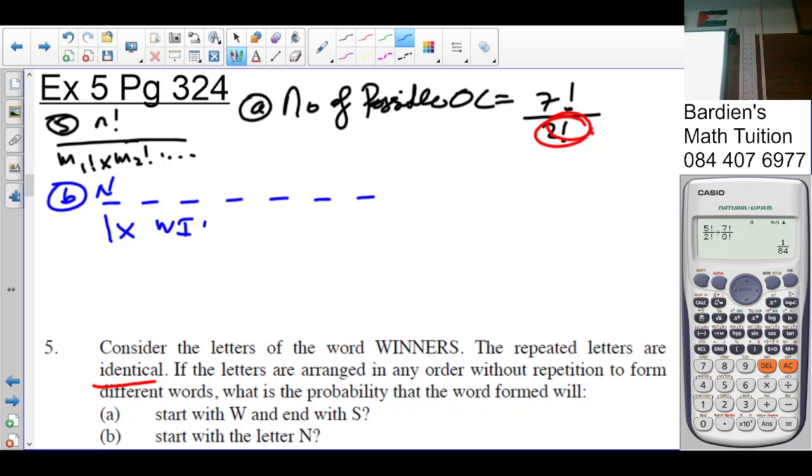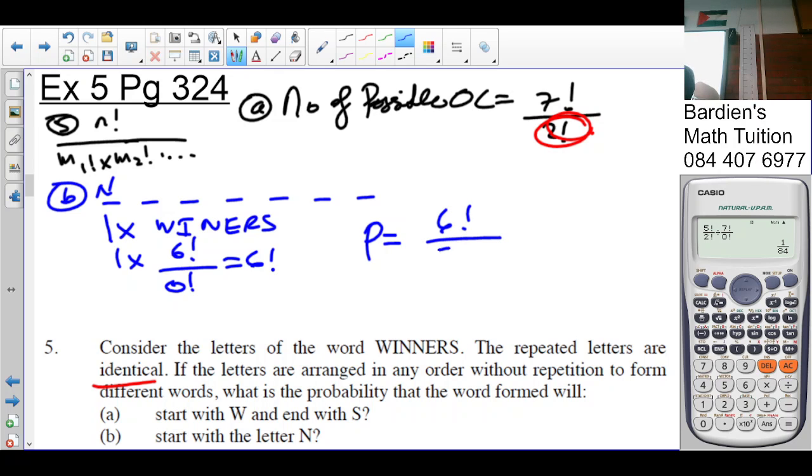W, I, N, E, R, S. Which is how many letters? 6 letters. How many repeated letters are here? None. So that is just 6 factorial. So for your probability, it's going to be the number of favorable outcomes, which is 6 factorial, over 7 factorial over 2 factorial. So is your answer 1 over 7? Yes, they again left out the 2 factorial. Can you see that?